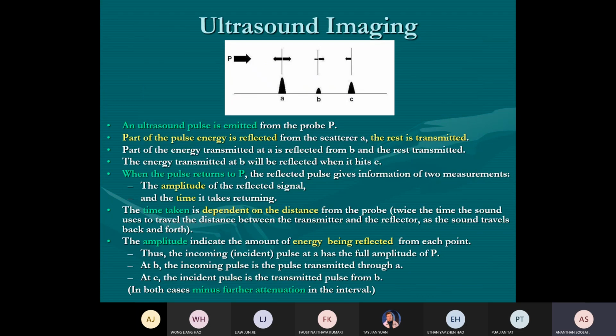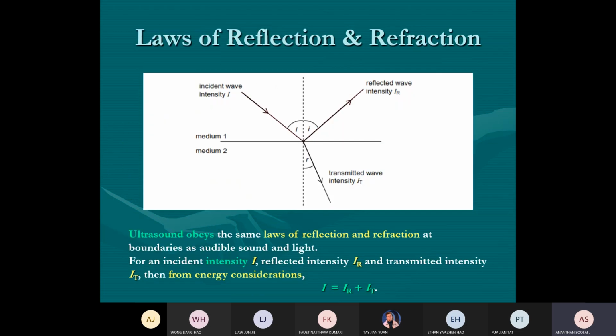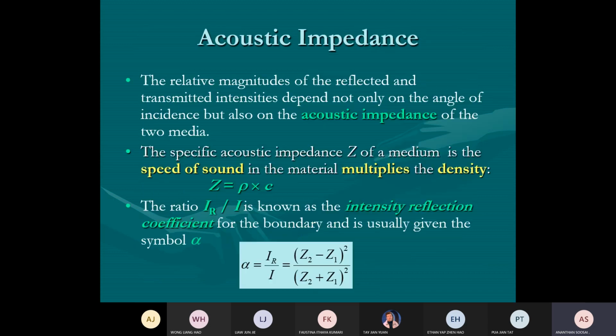Recall from the calculation, partially reflected, partially transmitted, and the intensity reflected plus transmitted should be the total intensity. Then a new quantity was introduced, called acoustic impedance.